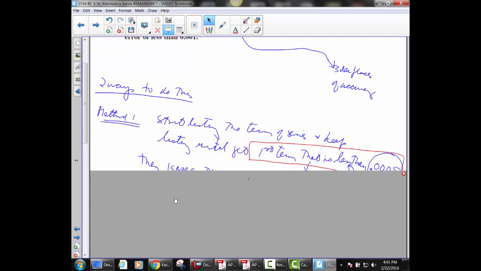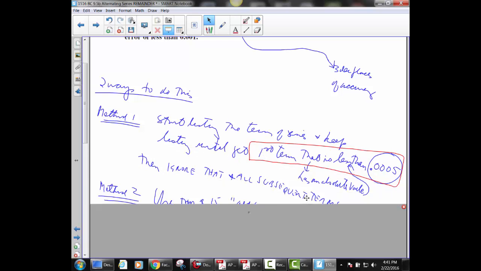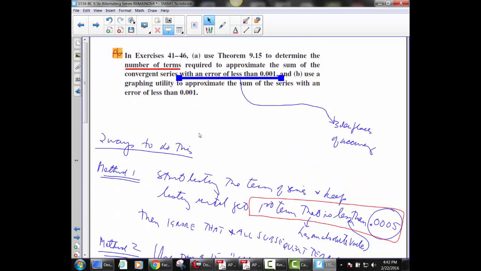You can simply start listing the terms and keep going until you get to the first term that is indeed less than 0.0005. Now, I want to point out this has 2 zeros. But remember, if you're going to affect the 3rd decimal place, it's because you're looking at the 4th decimal place and seeing what's happening.